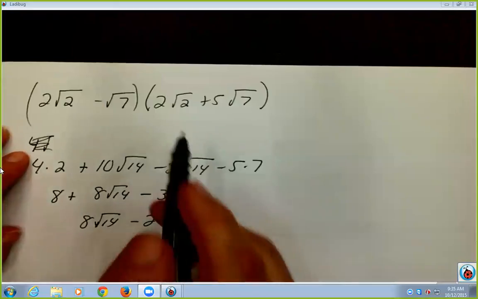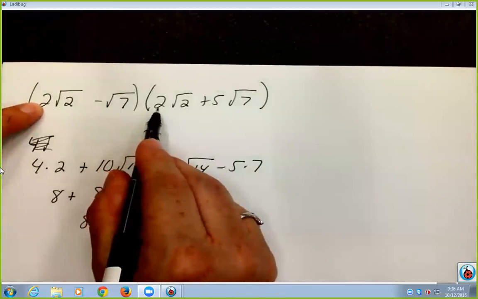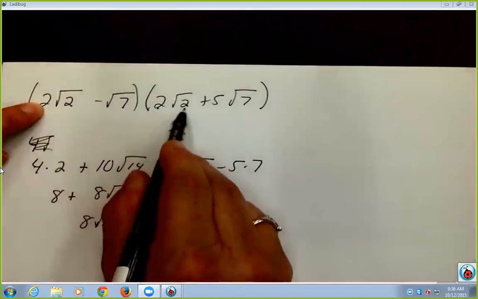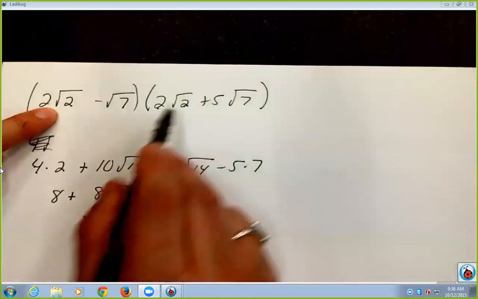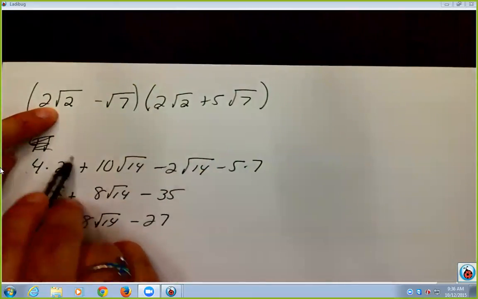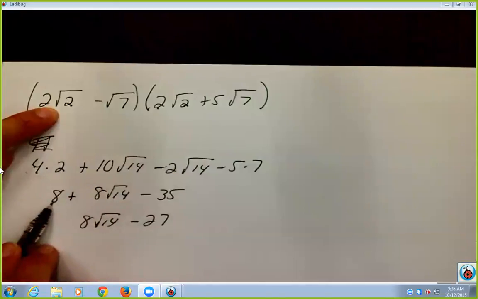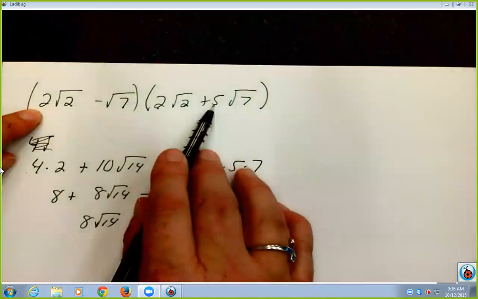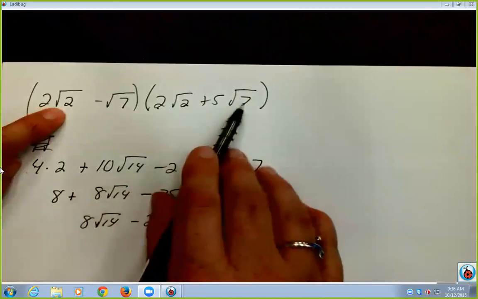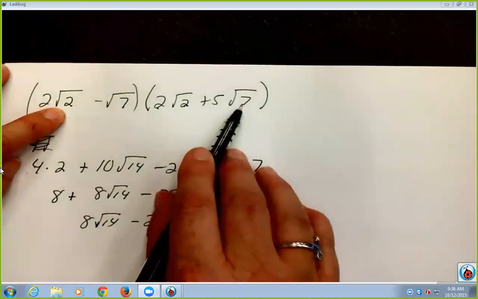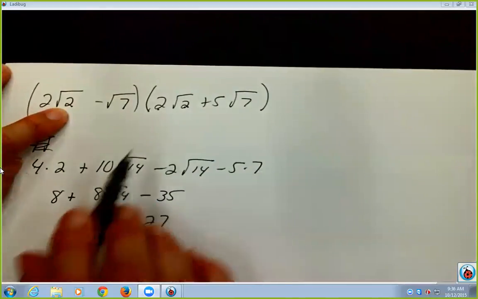This one, be real careful because you have to multiply 2 times 2 first. You get 4. Square root of 2 times the square root of 2 is 2. So you got an extra multiplication here in this first spot. So you get 8 out of that. Then when you multiply 2 times 5, you get 10. The radicands do not match, so 2 times 7 is 14.